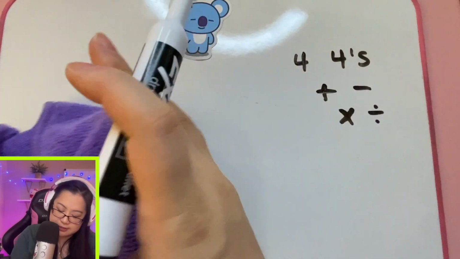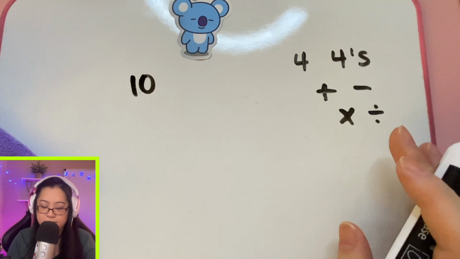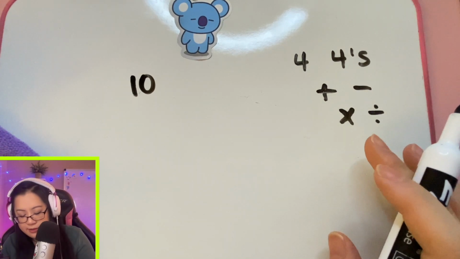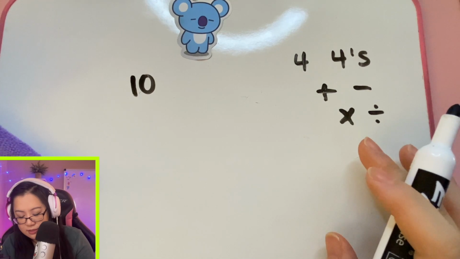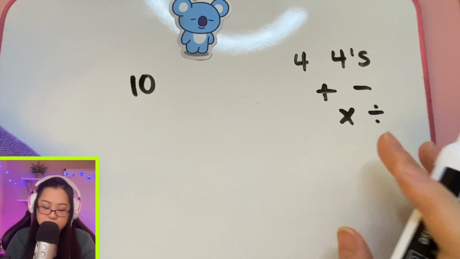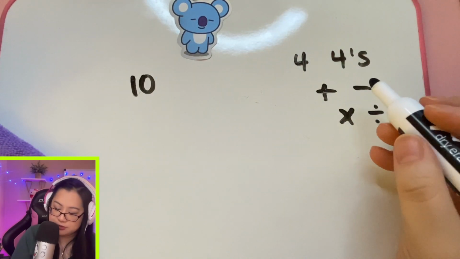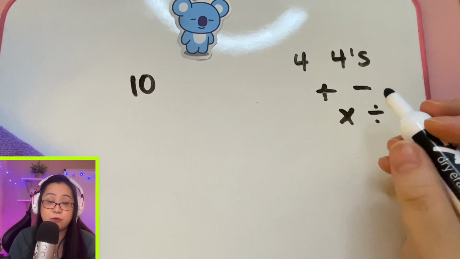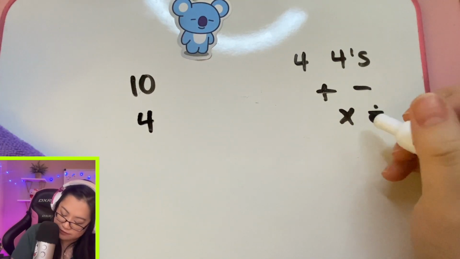Let's do 10. Okay, so 10 is... What is 10? 10 is 4 plus 4 plus 2. So it seems like my strategy right now is just to break it down into 4s first, using the numbers that I was kind of keeping in mind.